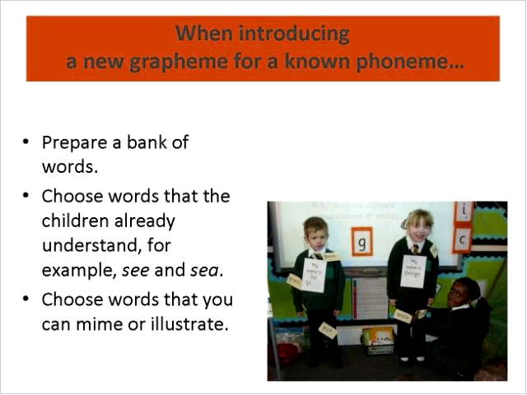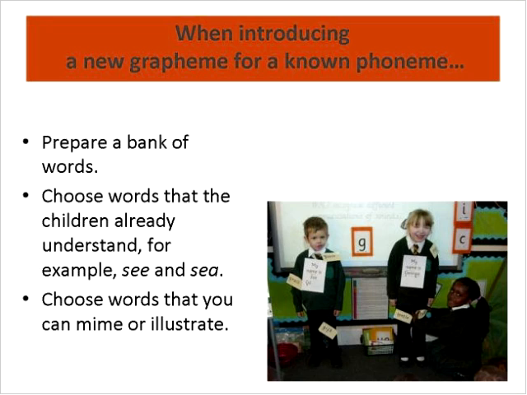So when you're introducing a new grapheme, a new letter shape for a new phoneme, that's quite a tricky thing. So we perhaps have already learned something like double E for the long vowel phoneme E. It's always good to prepare a bank of words in advance so that we've got quite a few ready to share with the children. And perhaps make some flashcards, which I know you'll all be using extensively with children.